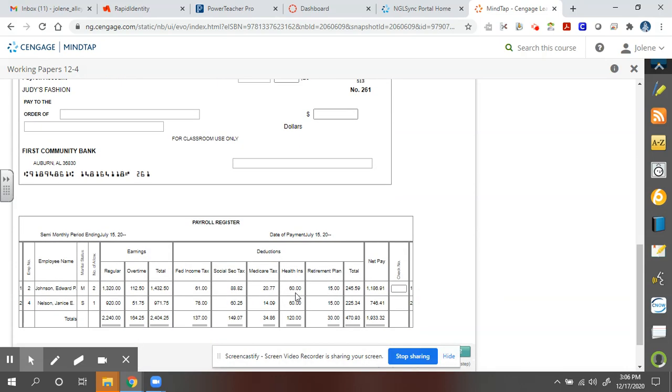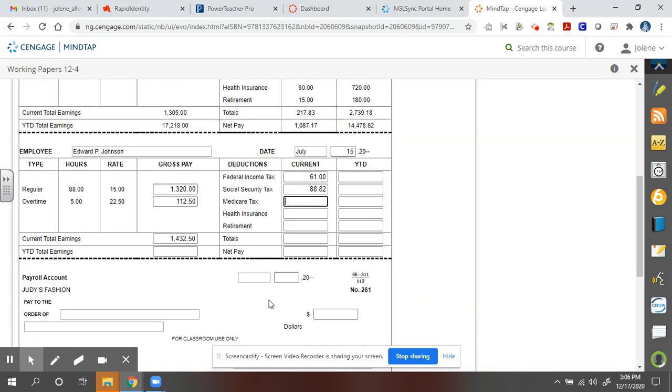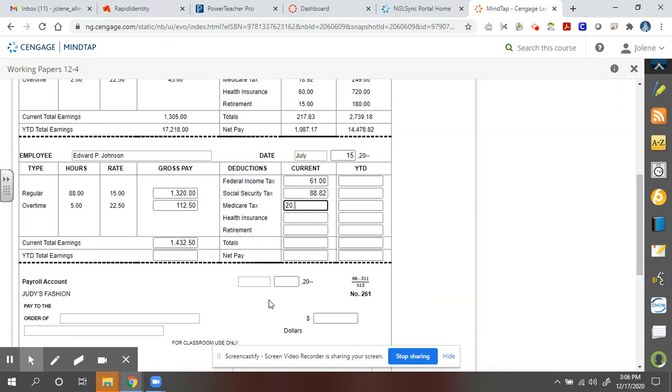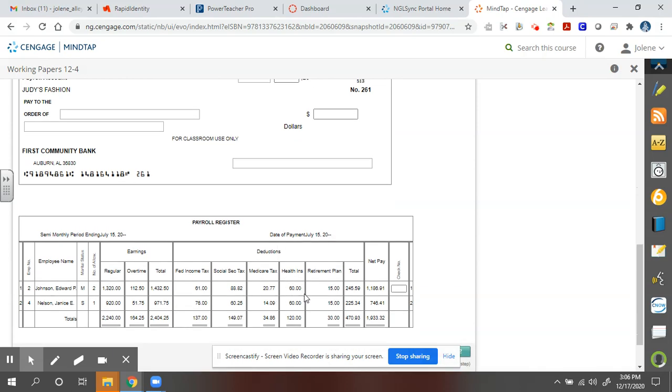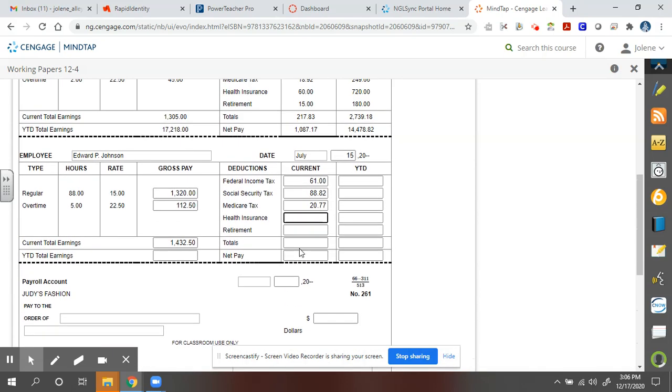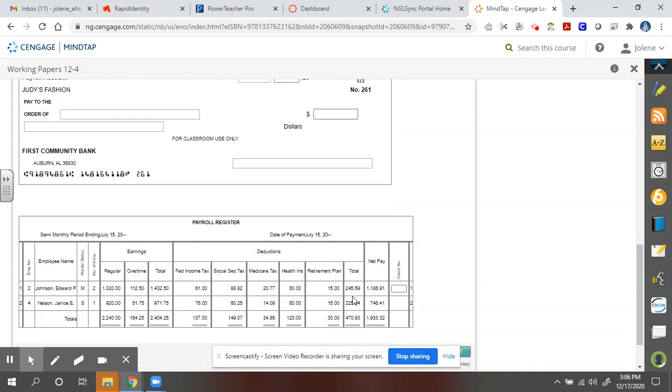His Medicare is $20.77. Health insurance is $60. His retirement this time is $15.